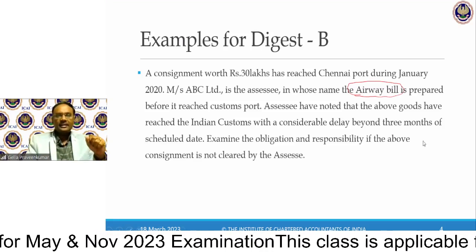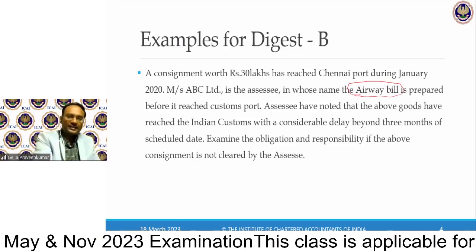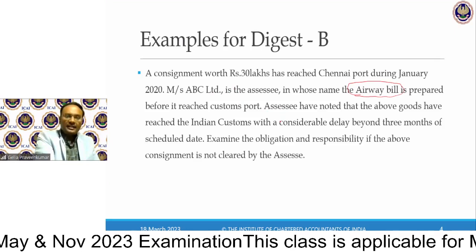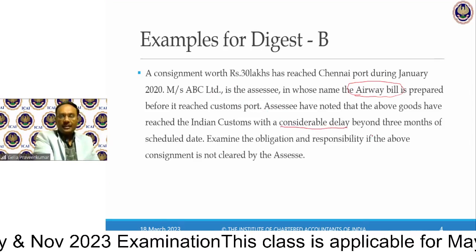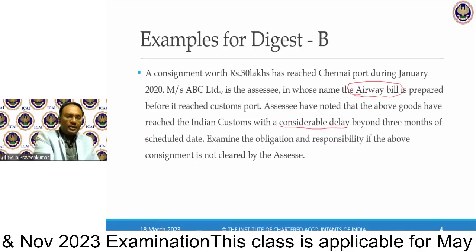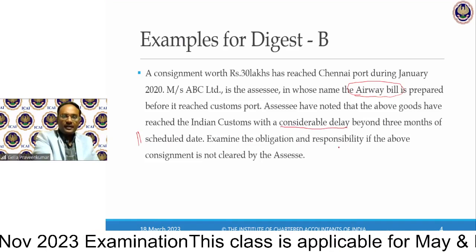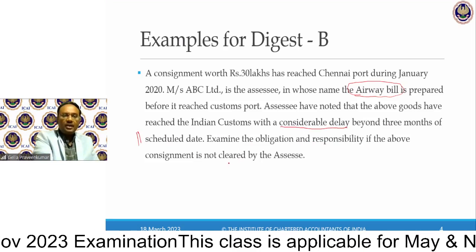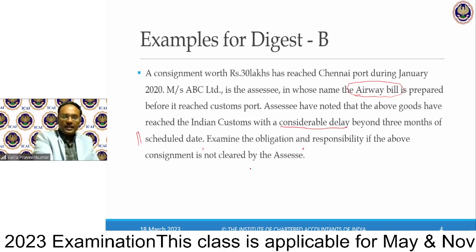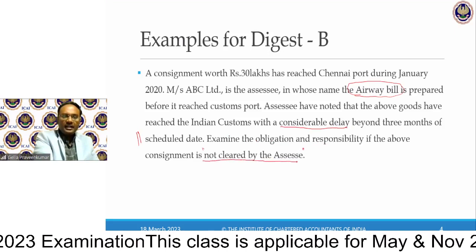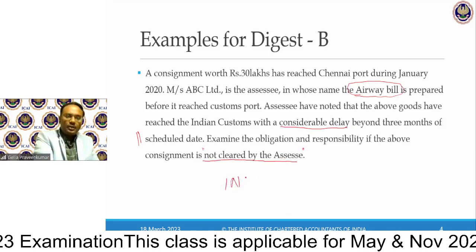Now, in this case, the assessee has noticed that the above goods have reached the Indian customs with a considerable delay. So here, this assessee says that there was a considerable delay beyond 3 months of the scheduled date. Examine the obligation and responsibility if the above consignment is not cleared by the assessee. Now here, we would have seen provisions in the commercial terms where we have something called INCO terms.